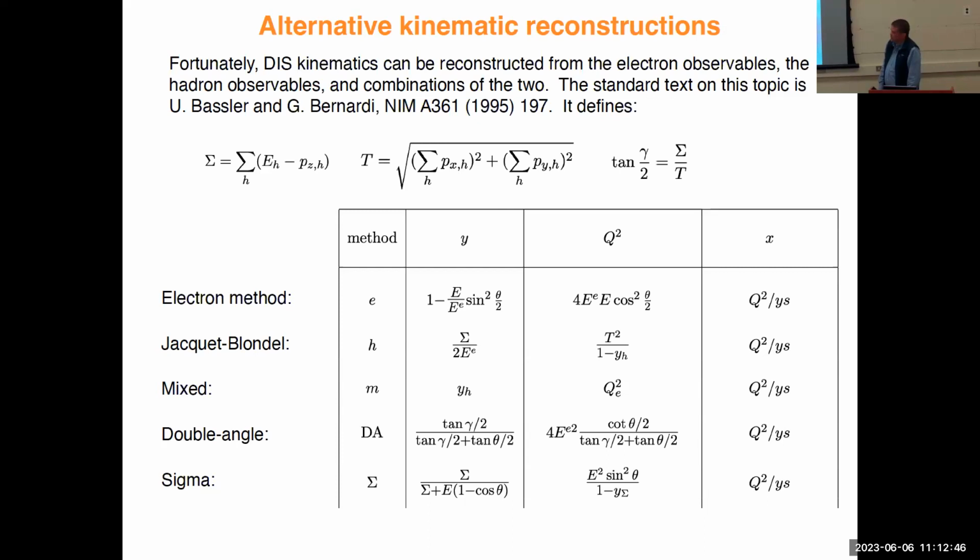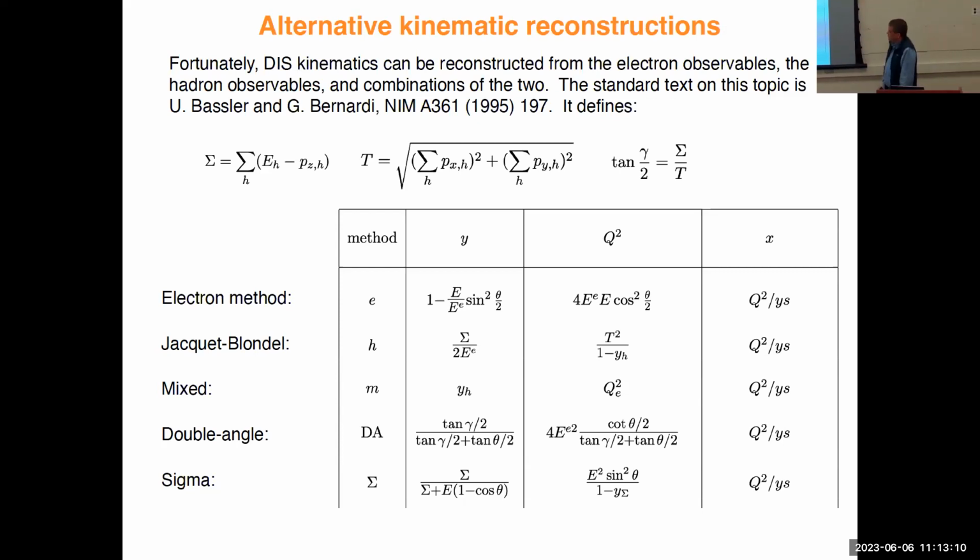So what you do in that case is you look at all hadrons in your experiment. You sum in this sense, right? The difference of the longitudinal component of momentum and the energy, sum that, you get your sigma term. You likewise compute what this T term is, which is something like, think of it as a PT, which is essentially what it is.